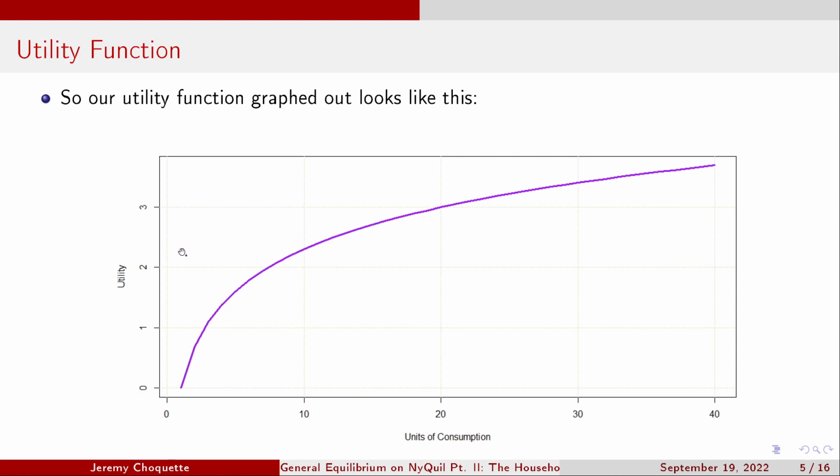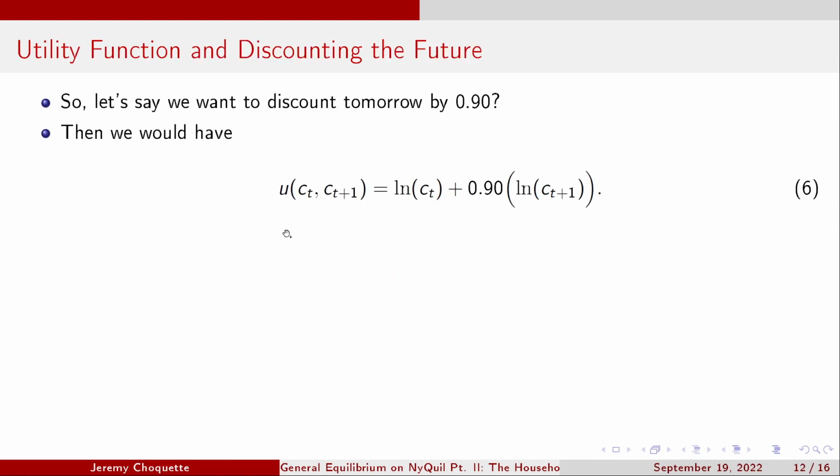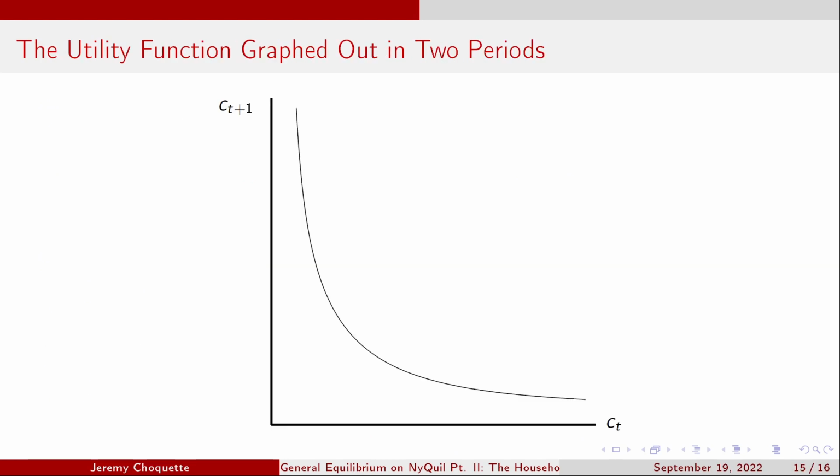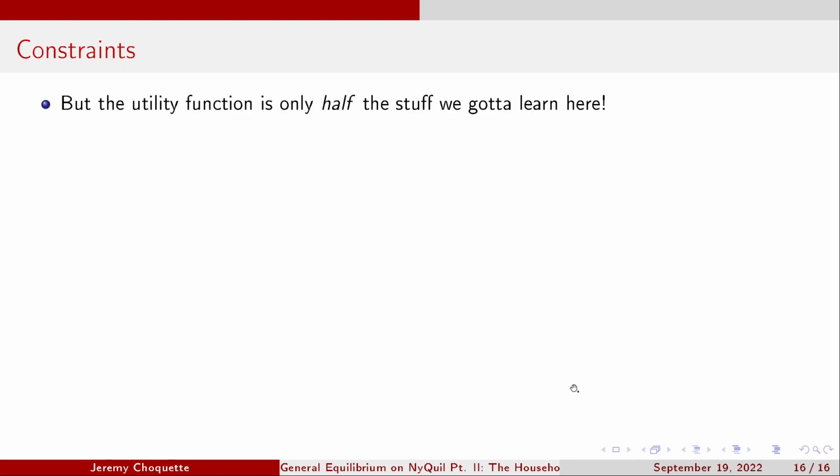So if I want utility to be equal to 2 or a little bit larger than 2, then let's say this curve here is what we get when utility is equal to 2 point whatever it is. Well, I can have a lot more units of consumption of CT plus 1 and very little of CT, or I can have almost exclusively CT and very little CT plus 1. But any combination of CT and CT plus 1 will give me utility of 2 point whatever it is.